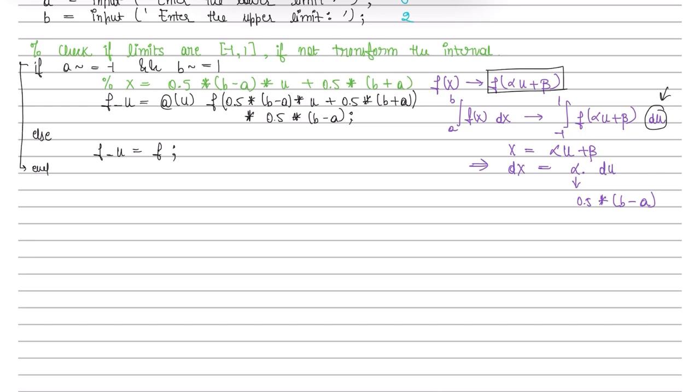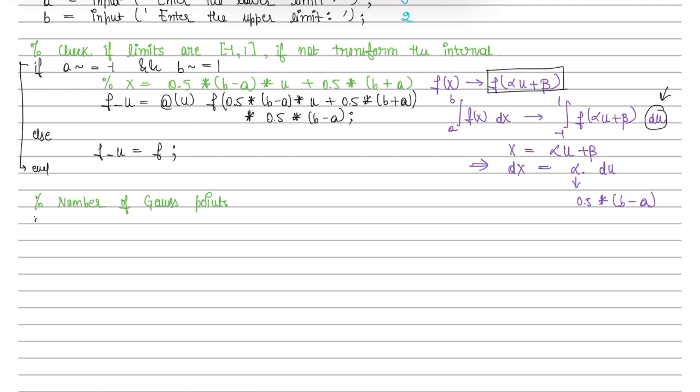After that, we need to know the number of Gauss points, and we have derived the formula for the value of n equals 2 and n equals 3 only. So we will code this for the values of n equals 2 and 3 only.